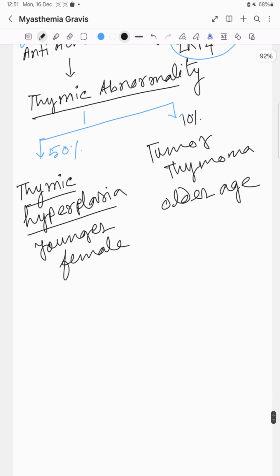And for myasthenia gravis, what types of medication should we use?